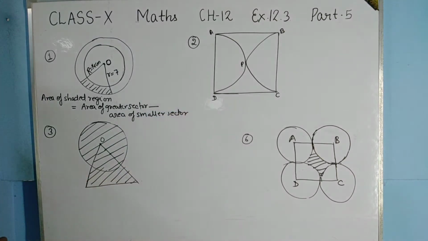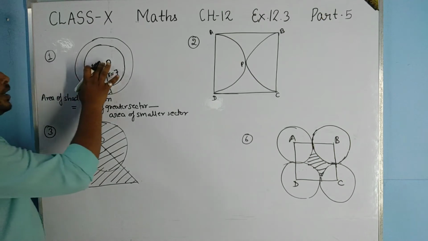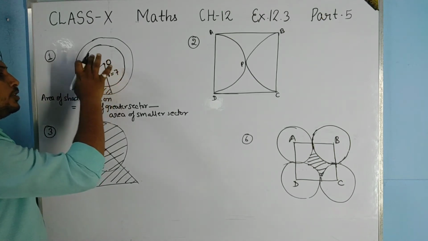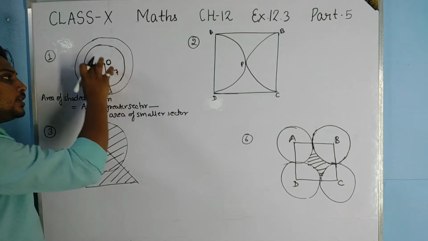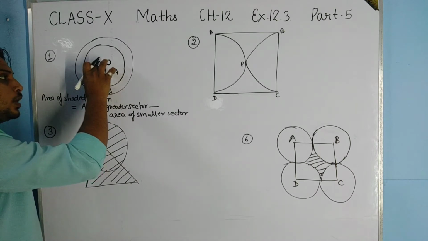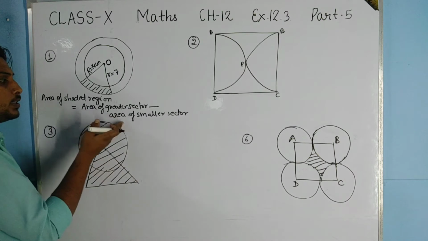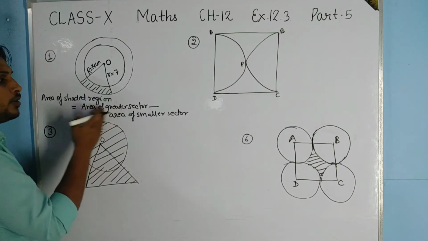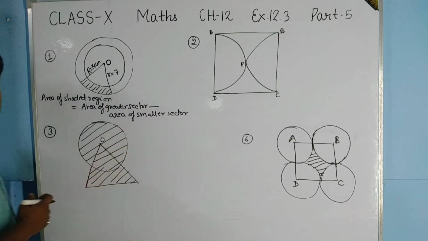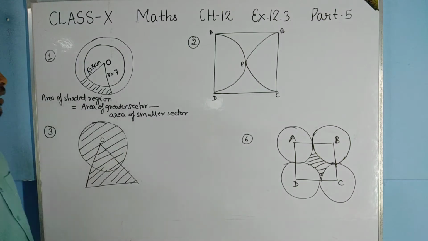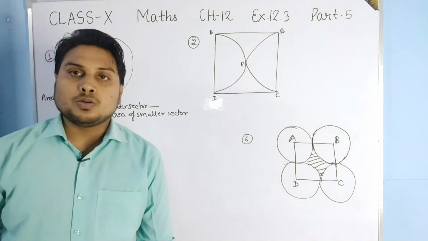If we subtract the area of the smaller sector from the greater sector, easily we can get our answer.